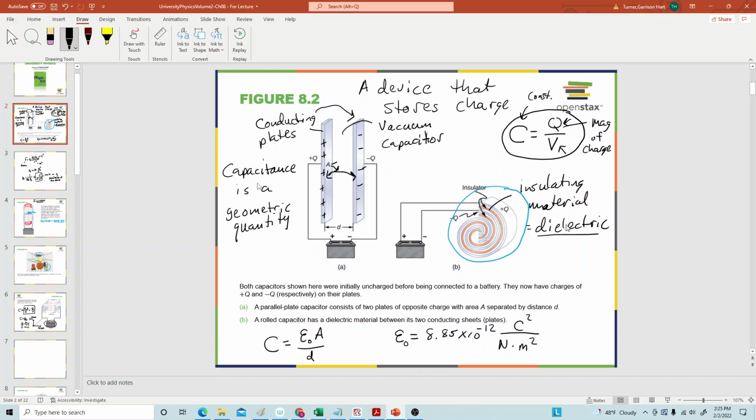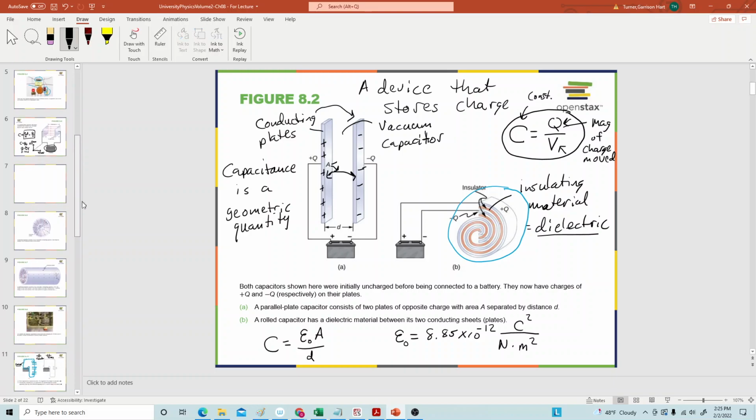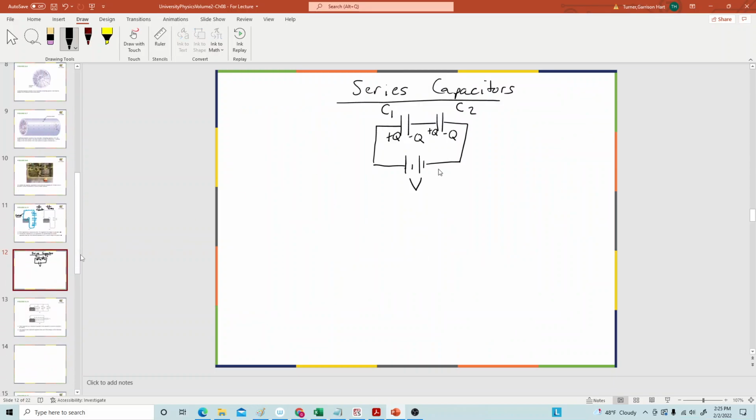So you moved an amount of negative charge Q off the positive plate, deposited on here, and you left plus Q. So when you come down into the series case, you've still only moved an amount of charge Q. So Q is the same for both capacitors.